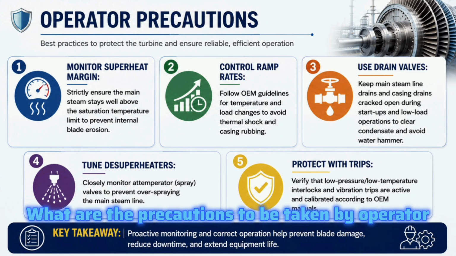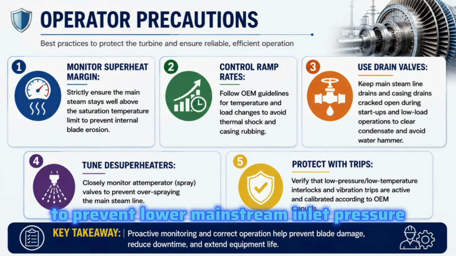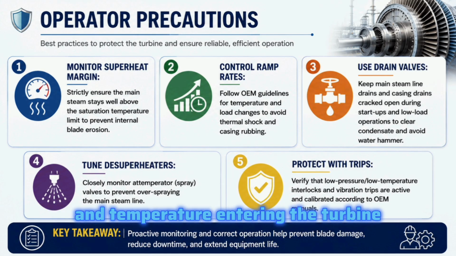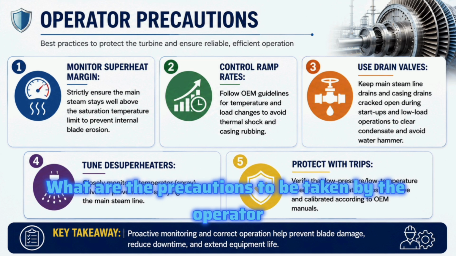What are the precautions to be taken by the operator to prevent lower main steam inlet pressure and temperature entering the turbine, and to reduce the effect on its life and maintenance cost?